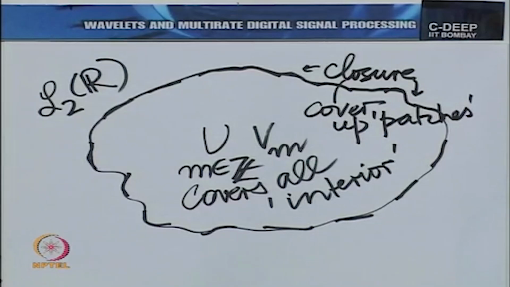Now, this is a small detail, and we need not spend too much time reflecting about this idea of closure, but to be mathematically accurate, we do need to note that it is after closure that the union over all integers m of V_m becomes L2(R).